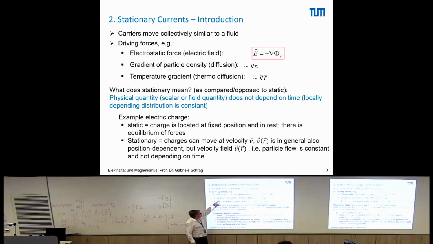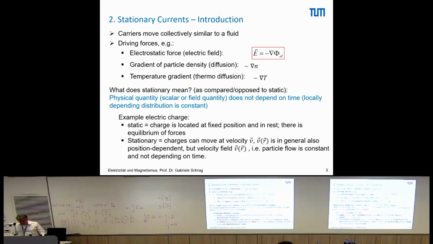The gradient of particle density is also a driving force, and that is basically some diffusion current. But also the temperature gradient: if you have temperature, and that is usually the case, that you are not operating at temperatures close to zero, then this temperature also gives energy to your atoms and to your carriers, and that will cause some motion.